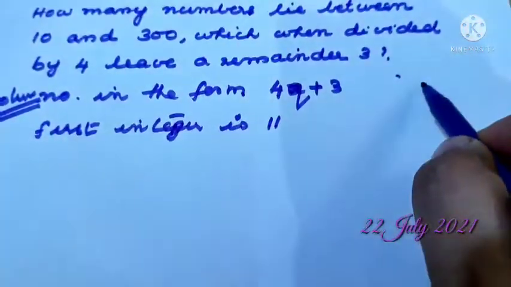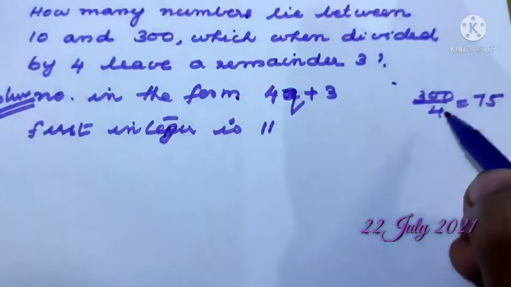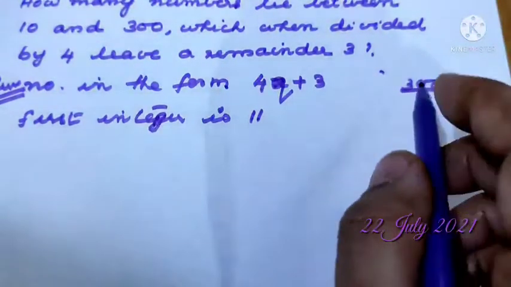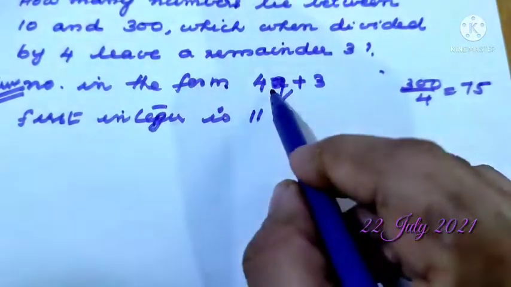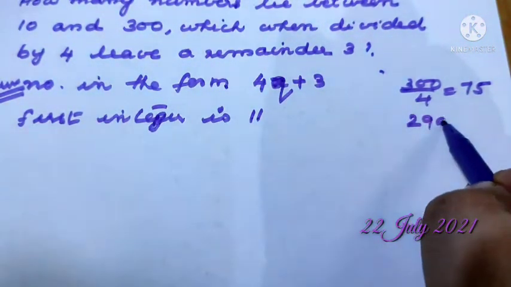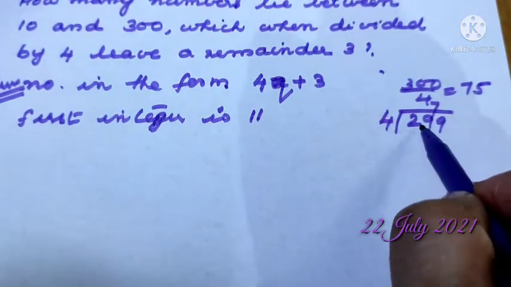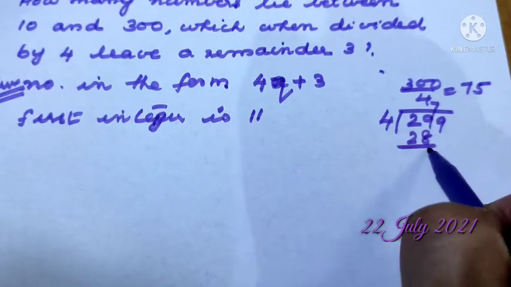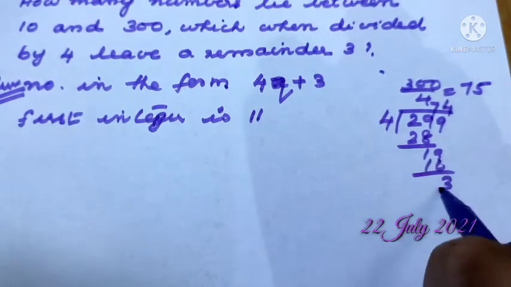If we divide 300 by 4, it is 75 only, right? So applying for q, it is 74. So 4 into 74 is 296, plus 3, 299. If we divide 299 by 4, it is 74, 4 times 4 is 16, and 3 is the remainder.